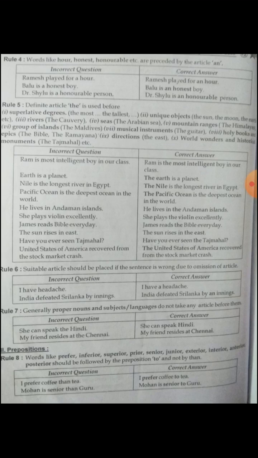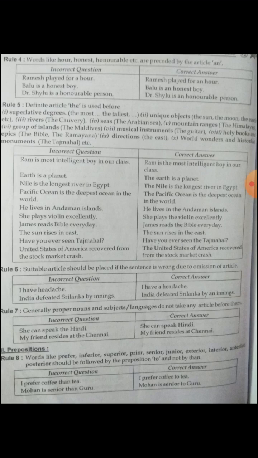Words like prefer, inferior, superior, prior, senior, junior, exterior, interior, anterior, posterior should be followed by the preposition to, not by than. Generally, words that end with er are comparative degree and are followed by than.